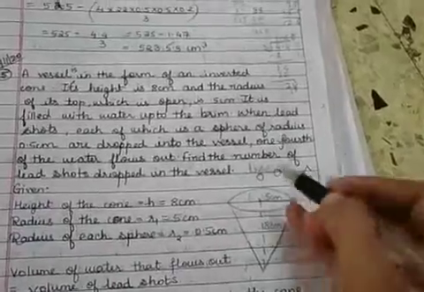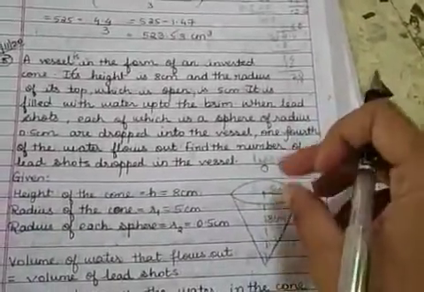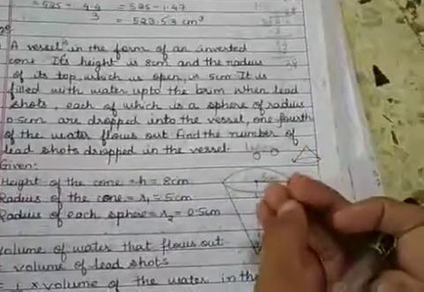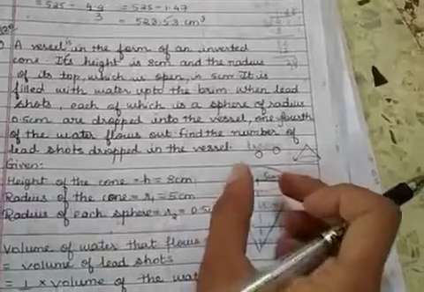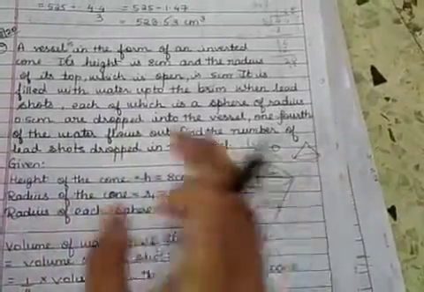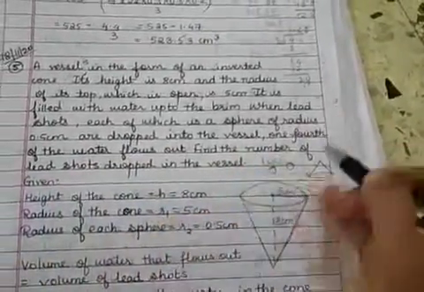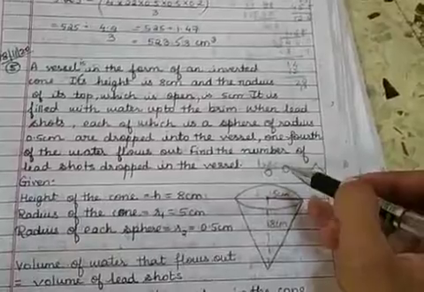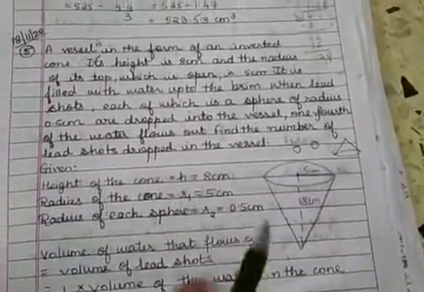So when you drop these lead spheres in the vessel, from the total volume of water, 1/4 of it flows out of the vessel. Now what you have to find is how many such lead shots are dropped in the vessel. So let us see how this can be done.